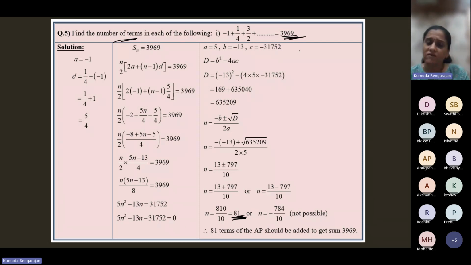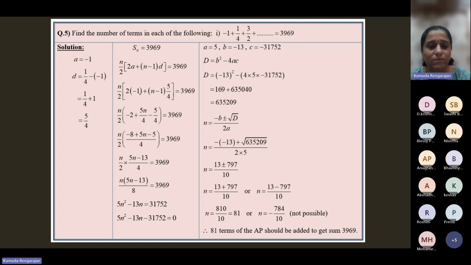However, the AP can have more than 81 terms. We don't know. Maybe the AP has only 81 terms, maybe it has more. What we can conclude is that the sum of the terms from the beginning to the 81st term is 3969. That's all. Yeah, please work this.